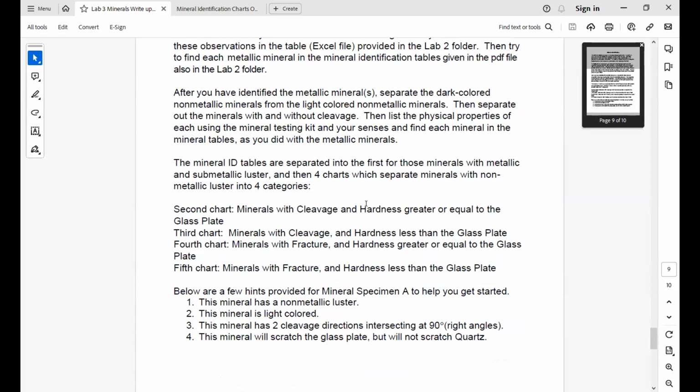Those minerals with cleavage and hardness greater or equal to a glass plate, minerals with cleavage but a hardness less than a glass plate, minerals with fracture but hardness greater, minerals with fracture with hardness less than.